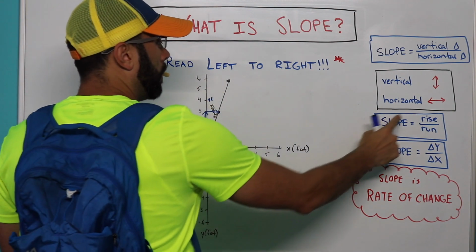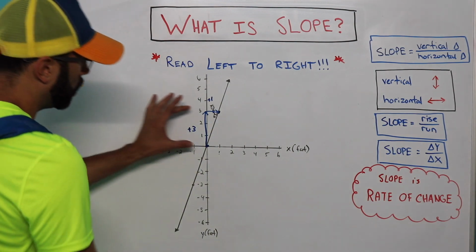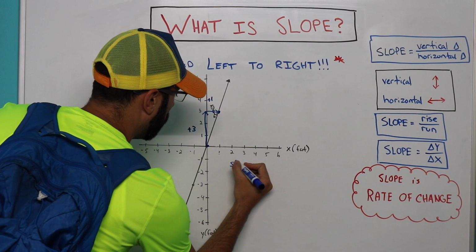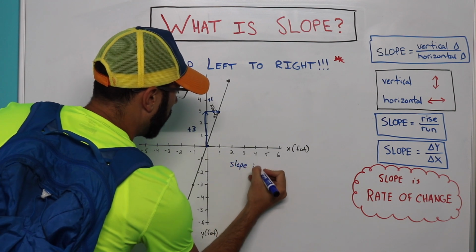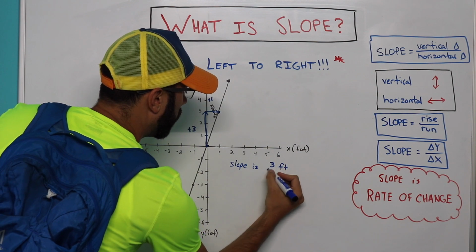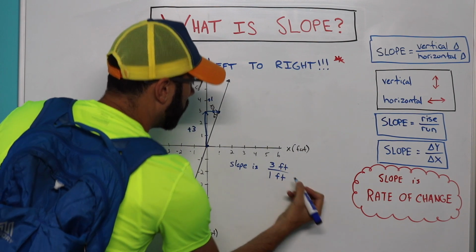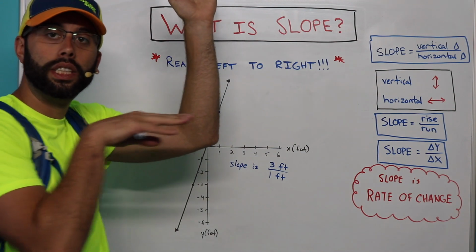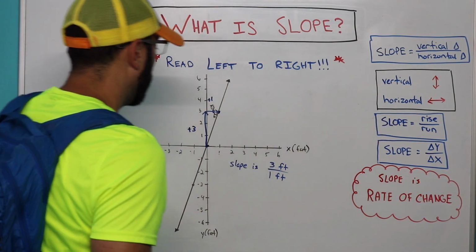So slope is my rise over run, or my change in y, which was 3, my change in x, which was 1. So my slope is 3 feet per every 1 feet. So anytime I went up 3 feet, I traveled the distance of 1 feet horizontally right there.